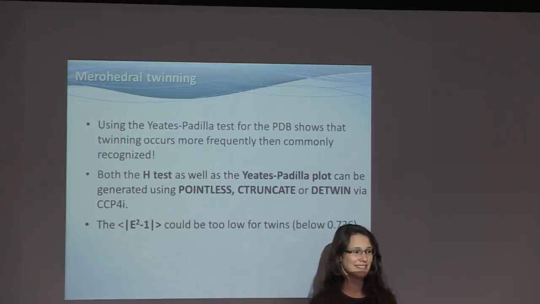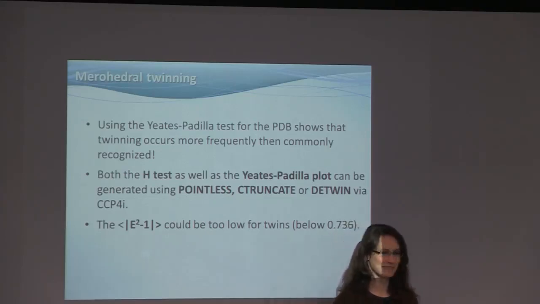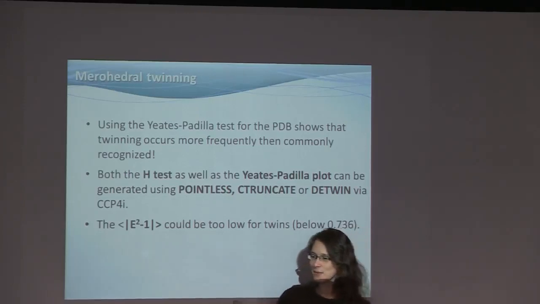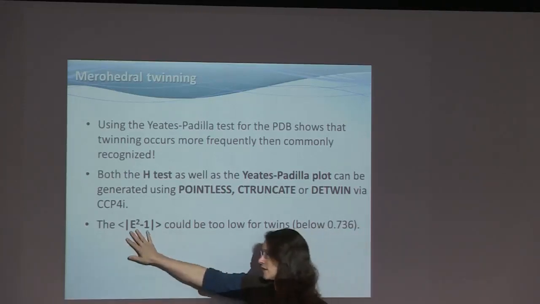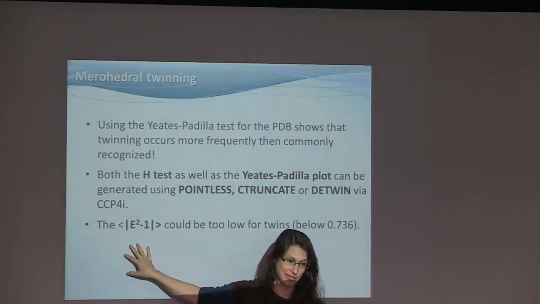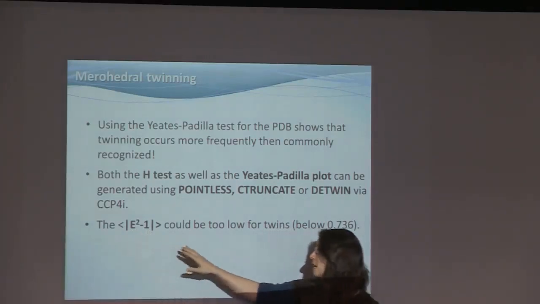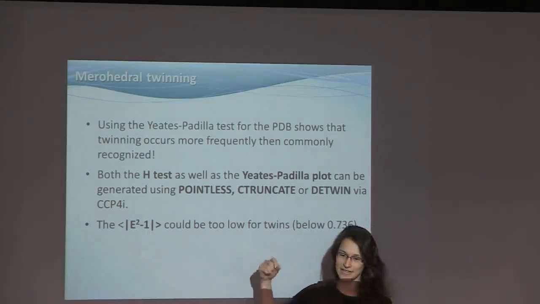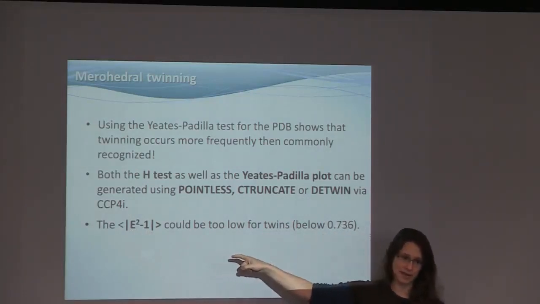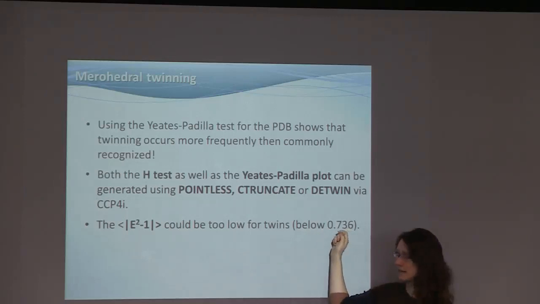Possibly one in a past life. So if you are a small molecule crystallographer, you know E squared minus 1 because that's how you determine whether you've got a centrosymmetric space group or not. But it's also too low, like way too low for twins. And that is one of the reasons why, for example, SHELXL and Xtriage are giving you these values.